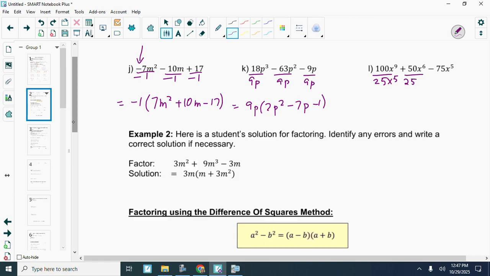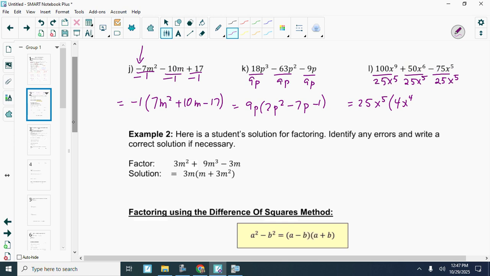So we're going to take out a 25x to the power 5. And you guys remember exponent laws from grade 10? This one is an example of exponent laws.